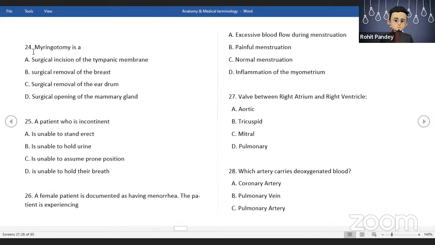Myringectomy is a surgical incision, otomy, not ectomy.